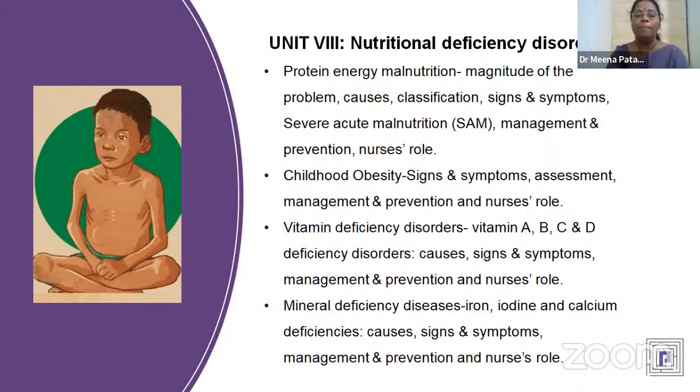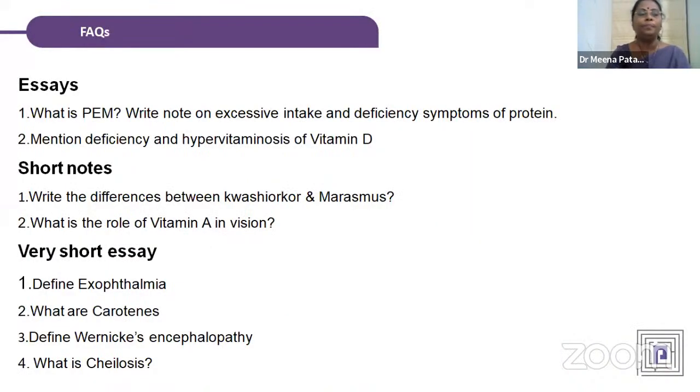As I said, nurses studying applied nutrition and dietetics have to cover a vast range of fundamentals of applied nutrition and dietetics. Then the last part of this unit is mineral deficiency disorders or diseases, iron deficiency, iodine and calcium deficiency, their causes, signs and symptoms, management and prevention, and nurse's role.